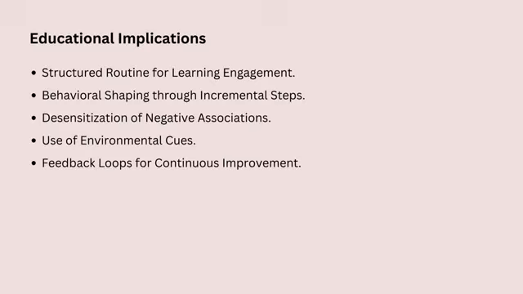Now, let us look at environmental cues. Watson's theory tells us that our surroundings can influence our behaviors. In the classroom, we can use this idea by setting up different areas that cue different behaviors. For example, a reading corner could have comfortable chairs and soft light, which signals to students that it's a quiet, individual activity time.